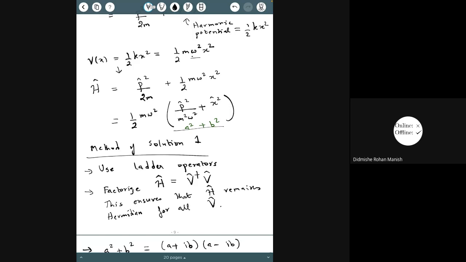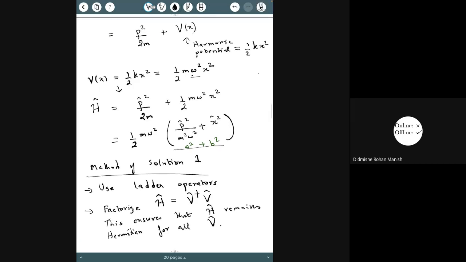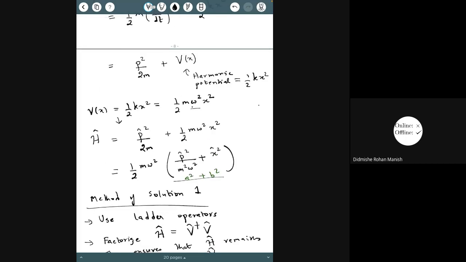Okay, so the real smart trick here was to try to express this Hamiltonian as a V dagger V form. That was the smart idea, and that led to the discovery or construction, whatever you want to call it, of these A operators, which are very, very useful. What we tried to do was to factorize these operators into a product form.